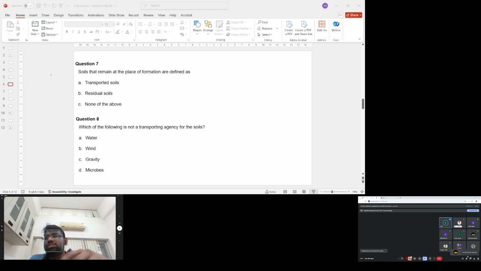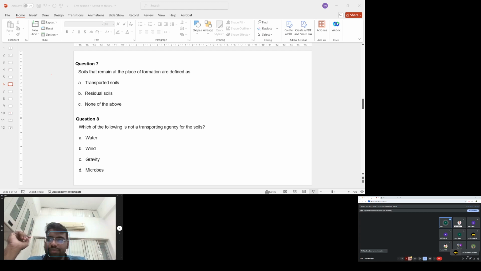Also, these residual soils do not exist stationarily. If you take a layer of soil, the single layer will be several meters thick. There will be continuous weathering and transportation taking place, but to understand it as a separate entity, we have classified it as such. That is the major reason.